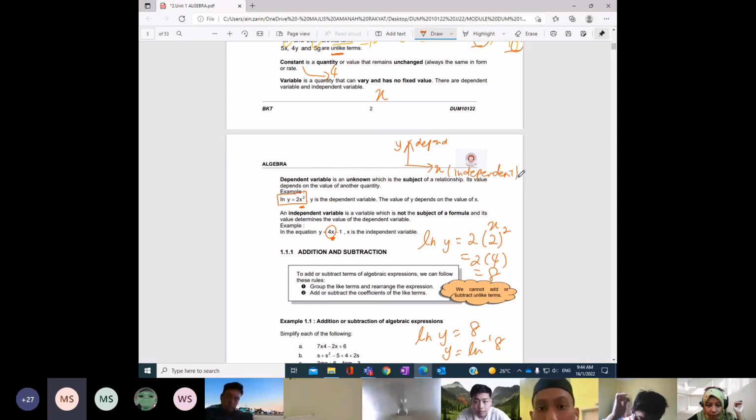Okay, so normally kalaulah kita ada nilai-nilai y, it is going to be a dependent variable, depends on what we have on the x-axis. Okay, so x-axis ni can be any value, but y value will depend on what we have on the x value. So that's why kita panggil y as dependent variable, x as independent variable.